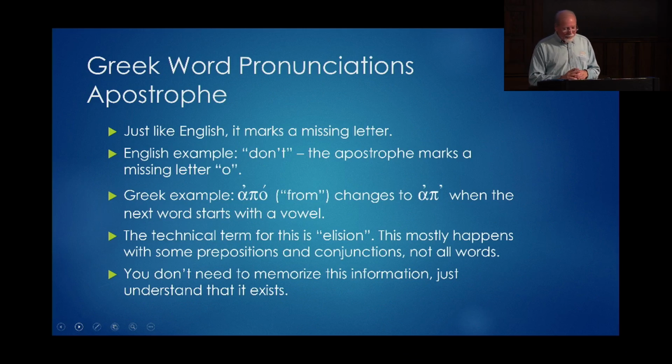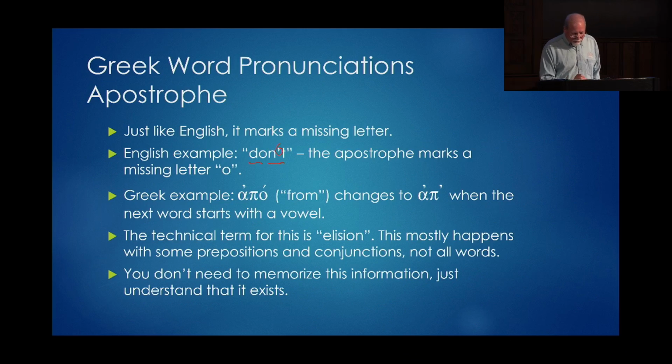Apostrophe. Again, not heavy memorization. We do the same thing in English. Whenever we have a missing letter, like if we're not writing do not, but if we say don't, we're going to get the do, and then we're going to put not, but we're not going to put the O, we're going to put an apostrophe in there, and the apostrophe tells us that the O is missing, right? Same thing in Greek. The apostrophe marks a missing letter.